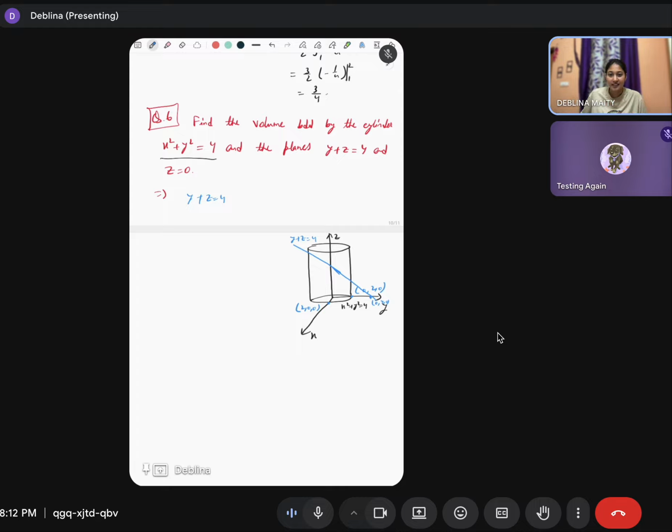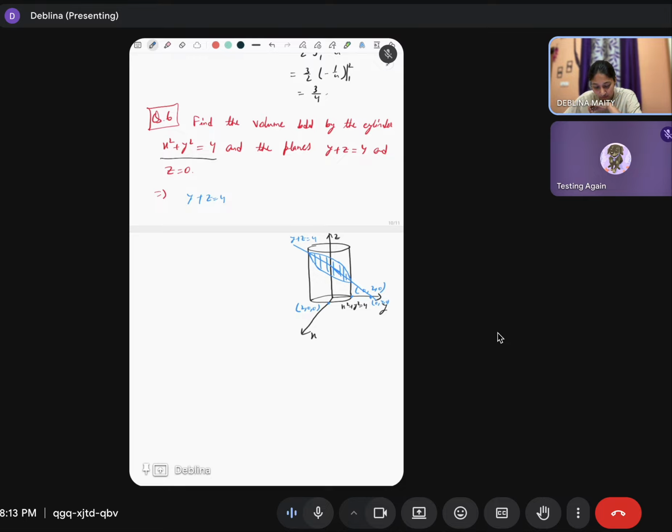Since in 3D it will be a plane, y plus z equals 4, but x is arbitrary, so this is a plane. This plane cuts the cylinder, so the intersection will be of this form, the intersecting segment, right?